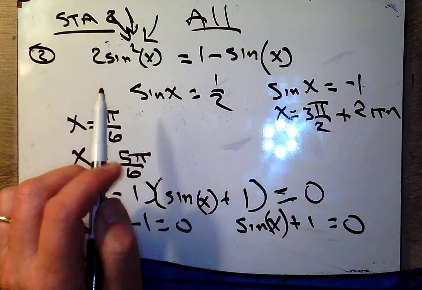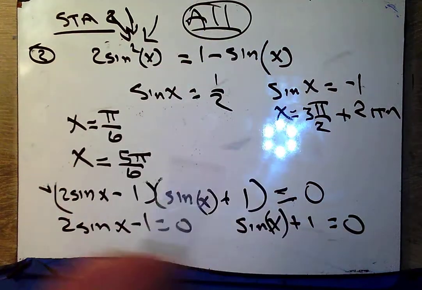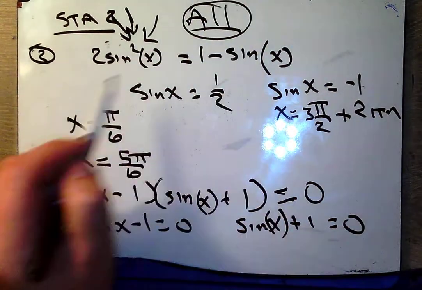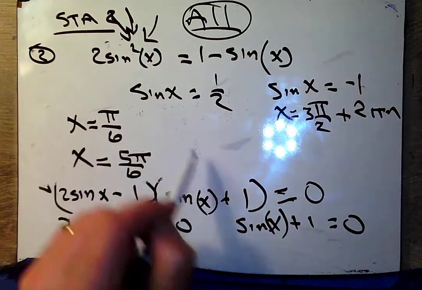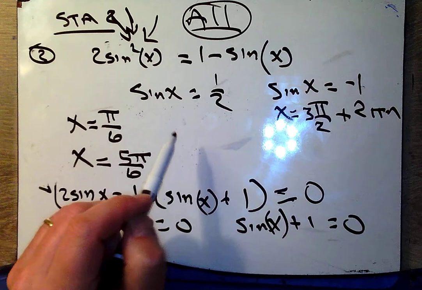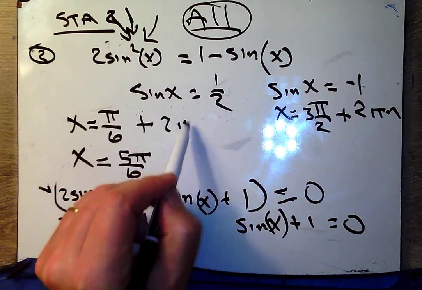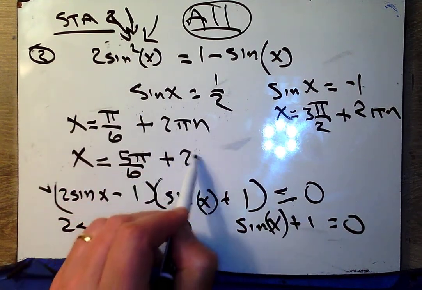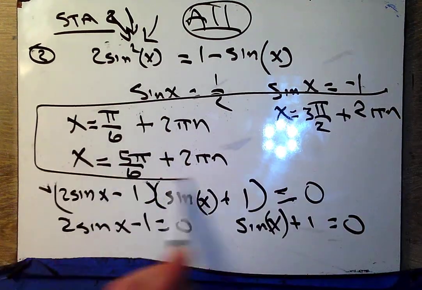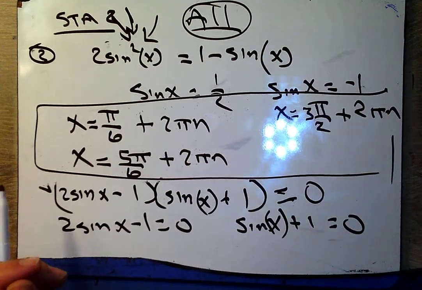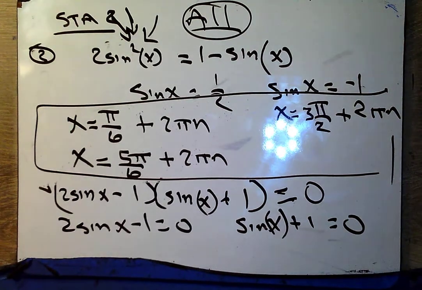But remember, this is all solutions, and so every time we go one period away in the positive direction or the negative direction, I get another solution. So I need these plus 2 pi n's. Okay, these are our solutions to problem number 2 on station 2.